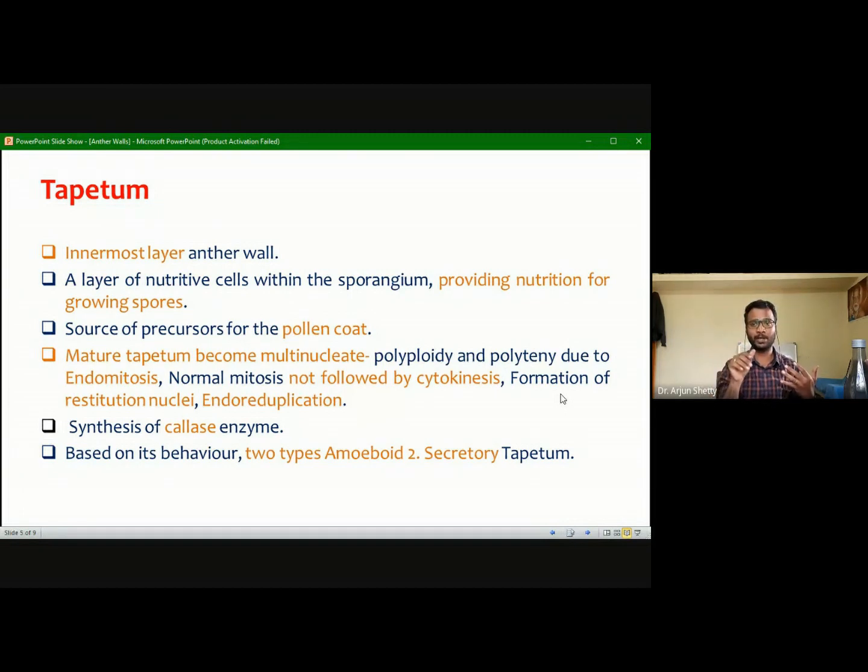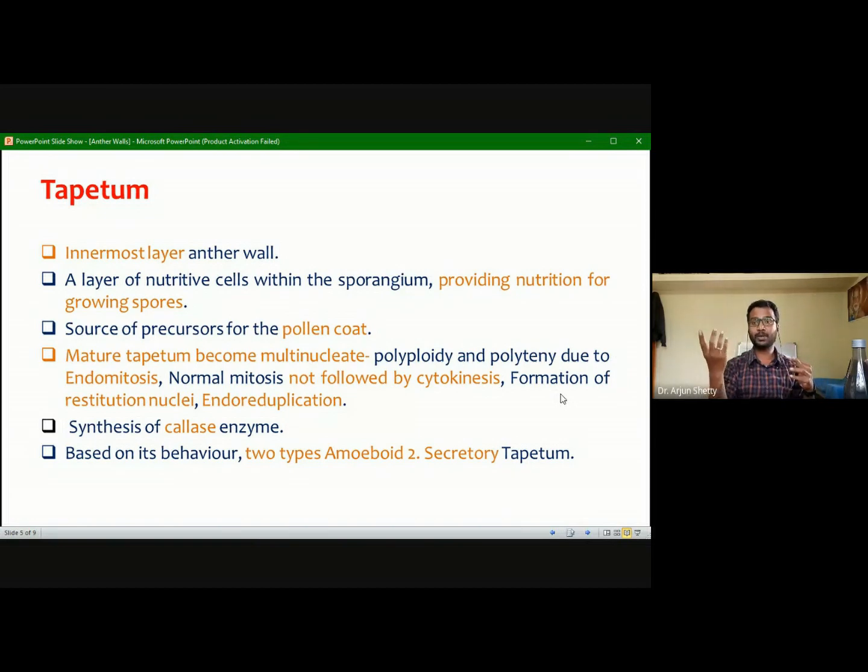These are the four factors I'm going to explain here. One is endomitosis. Second, the normal mitosis fails, is not followed by cytokinesis, and a restitution nucleus forms. The restitution nucleus means only the nuclear division is happening. The nucleus is not receiving any signals, and after the formation of two diploid nuclei in a cell, those nuclei are comfortable as they are in an individual cell.